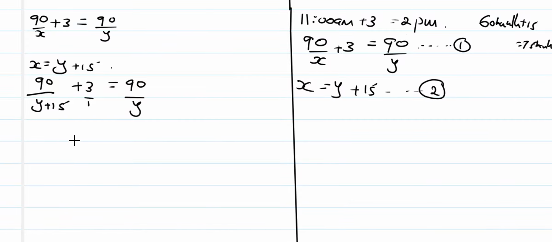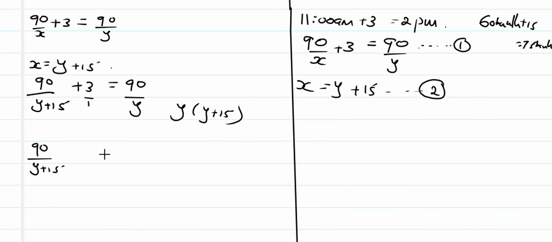So I take this y and multiply it by y plus 15, but I will not open the brackets. I just leave it like that. So now I come here and say 90 all over y plus 15.